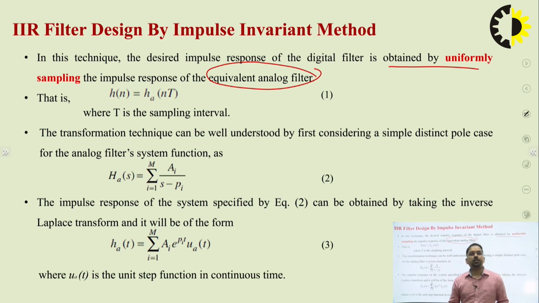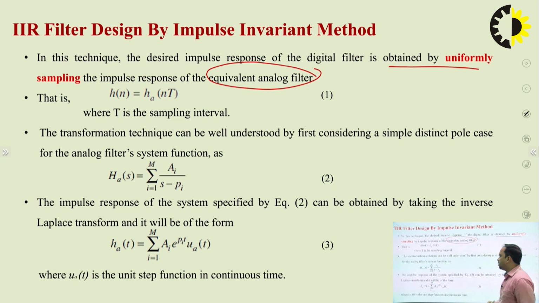The transformation technique can be well understood if we assume an analog filter transfer function having distinct poles or simple poles, which is, let's say, H(s) equals the summation from i equal to 1 to m of A_i divided by (s minus p_i).